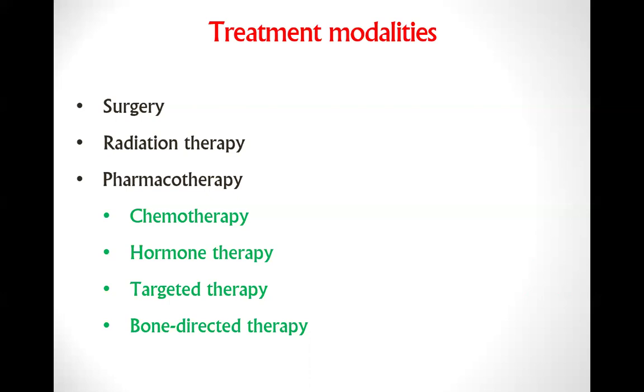Targeted therapy, once again very specific for breast cancer. And bone-directed therapy, which I have added as an additional slide to tell you that in addition to the specific anti-cancer drugs, sometimes you require drugs as an adjuvant therapy to treat some consequences of breast cancer. We'll discuss that in the last slide.